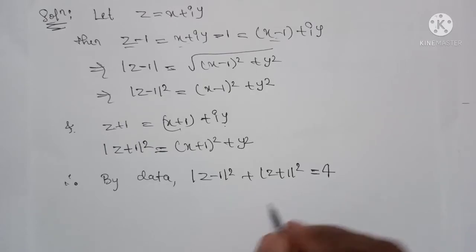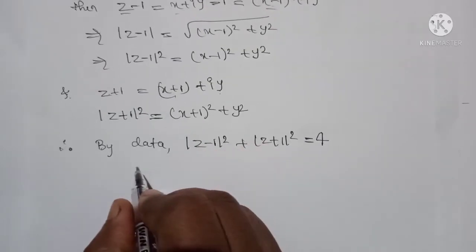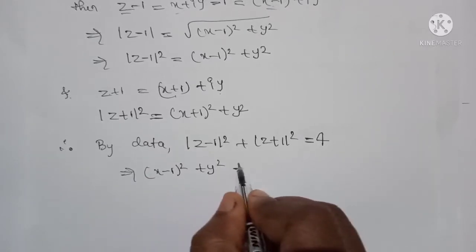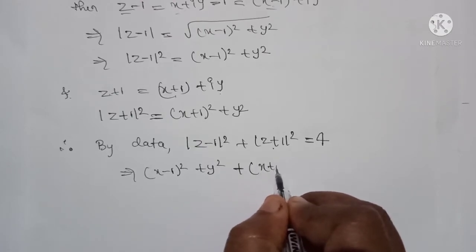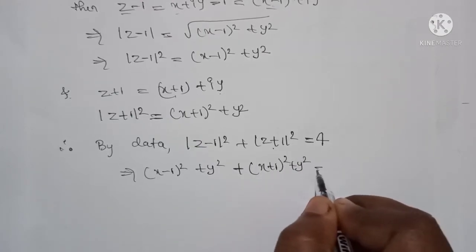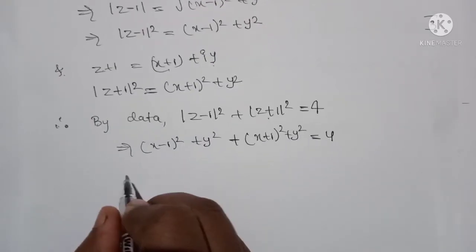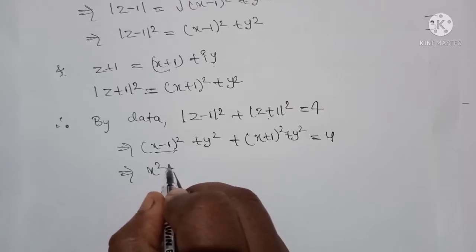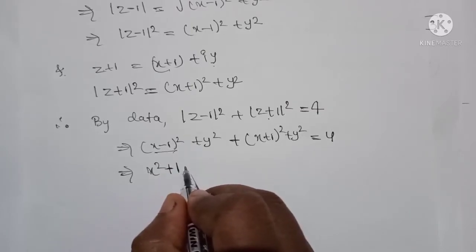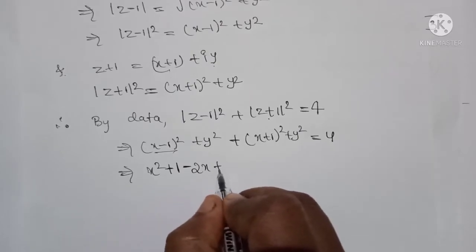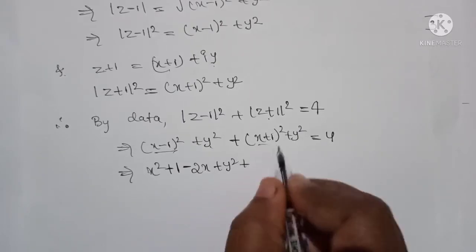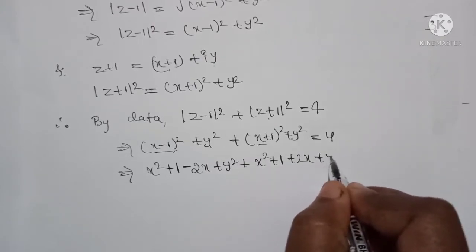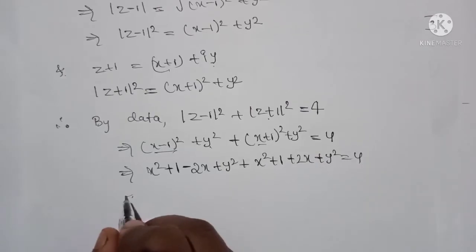Substituting the values, we get x minus 1 whole square plus y square plus x plus 1 whole square plus y square equals 4. Expanding, we get x square plus 1 minus 2x plus y square, and again expanding the other, x square plus 1 plus 2x plus y square, equals 4.